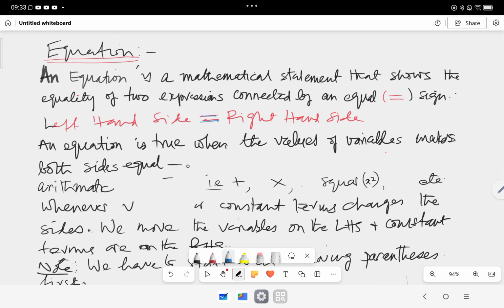An equation is true when the values of the variables make both sides equal.